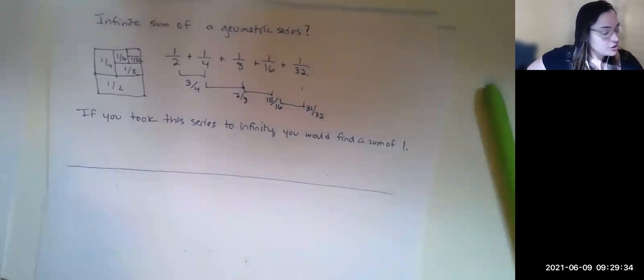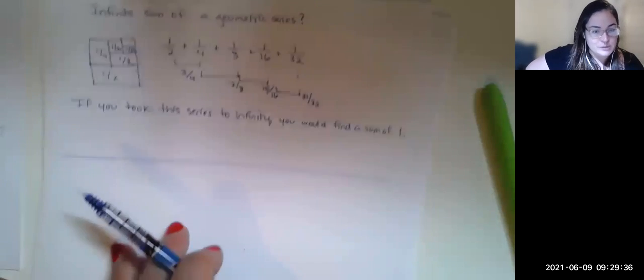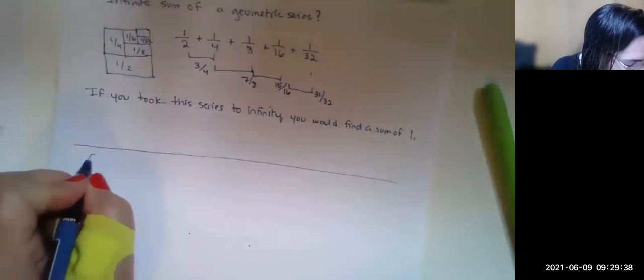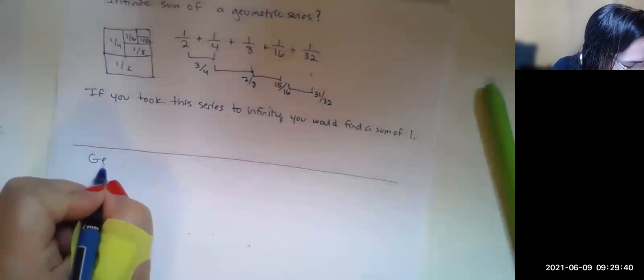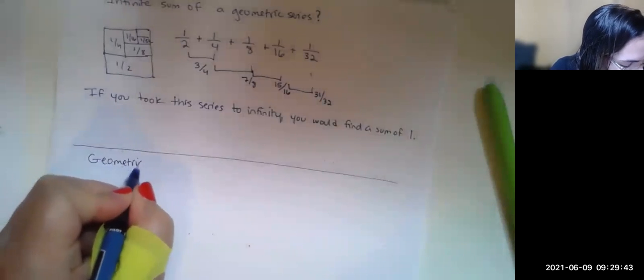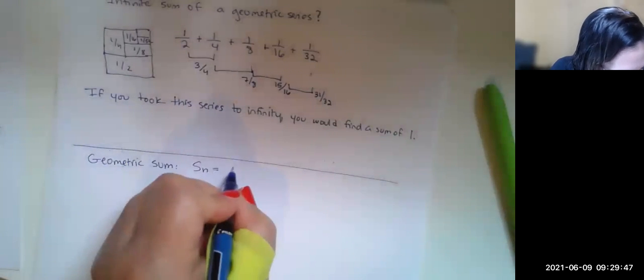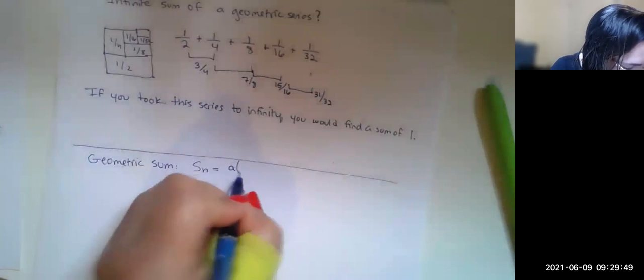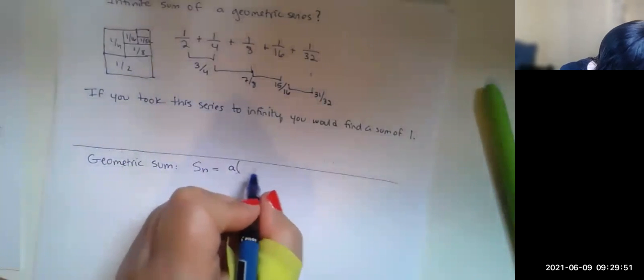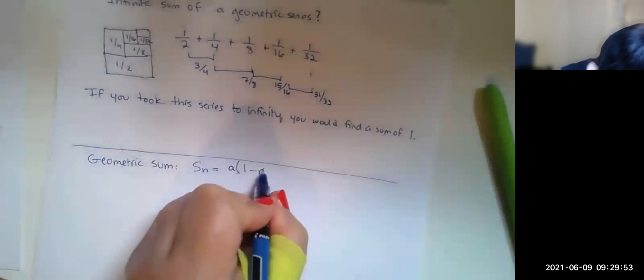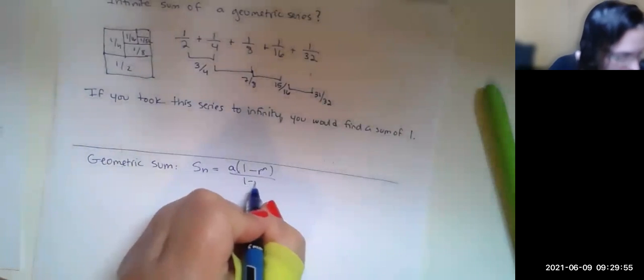Okay, so what I want to do in thinking about this is we'll take our geometric sum formula that we did in the last few minutes. Remember that formula was S of n equals a, or a1, I like to say a because it's shorter, times 1 minus r to the n, over 1 minus r.